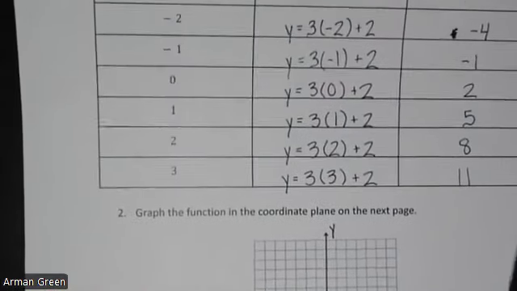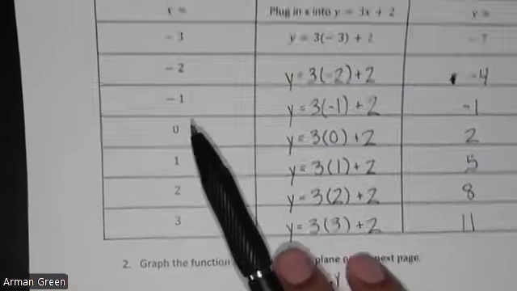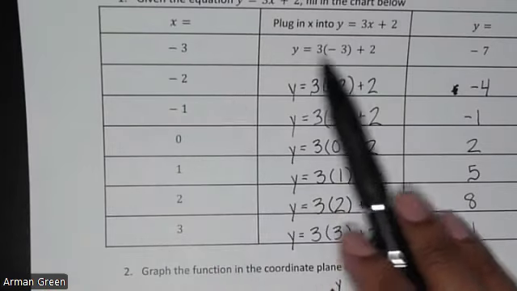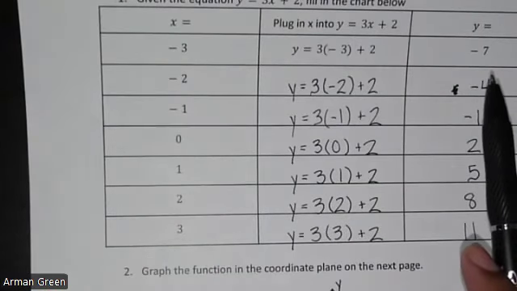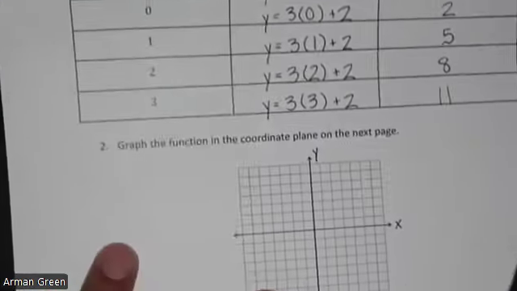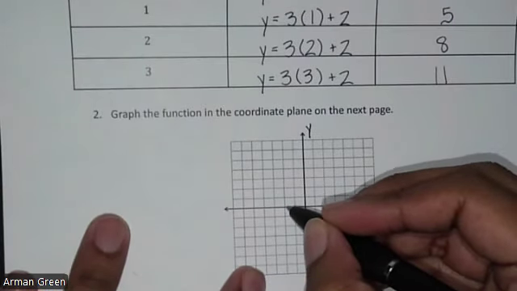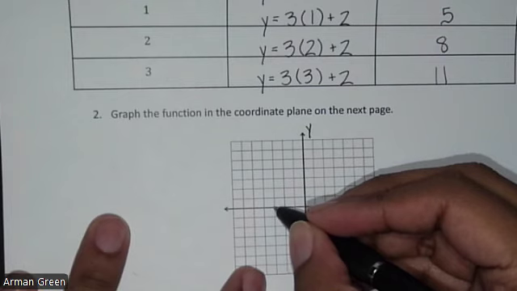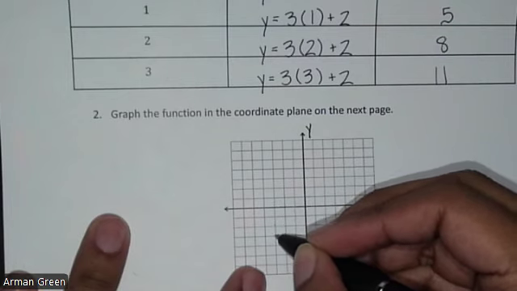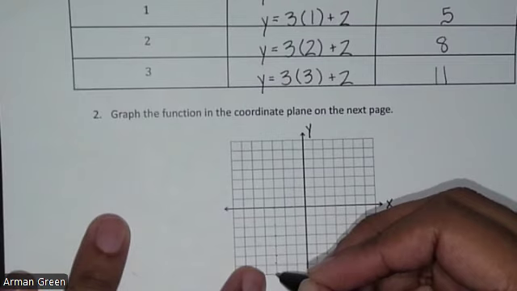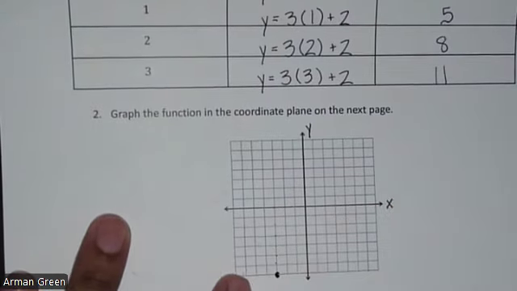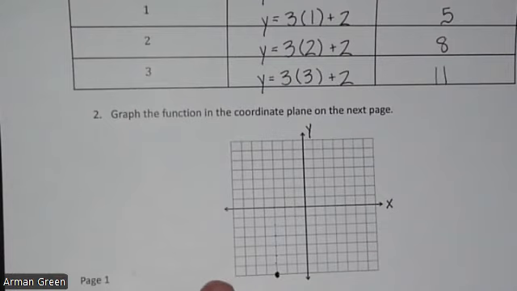So if we look at the chart, first off, we said that when x is -3, our y value should be -7. So I'm going to go 3 to the left, and then I'm going to go 7 down. So 1, 2, 3, 4, 5, 6, 7. So that means I'm going to have one dot right here at the bottom of the plane.